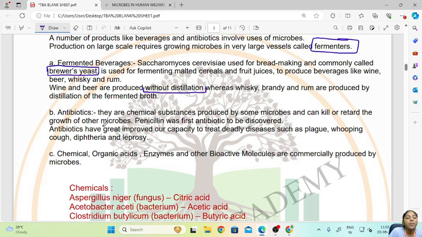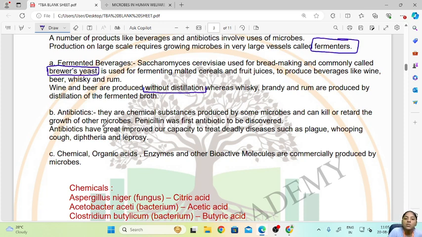Then antibiotics. So the first one was fermented beverages. Talking about antibiotics, they are chemical substances produced by some microbes and can kill or retard the growth of other microbes. So antibiotics, we know, are the medicines or chemical substances which are used to kill or retard the growth of microbes or pathogens that are in our body.